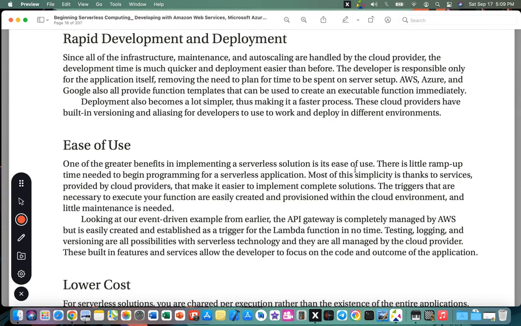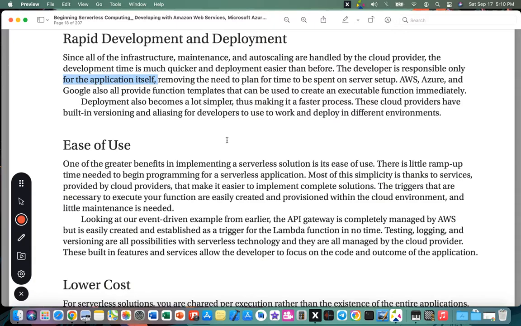Rapid development and deployment. Since all the infrastructure, maintenance, and auto-scaling are handled by the cloud provider, the development time is much quicker and deployment is much easier than before. The developer is responsible only for the application itself, removing the need to plan for time to spend on server setup.